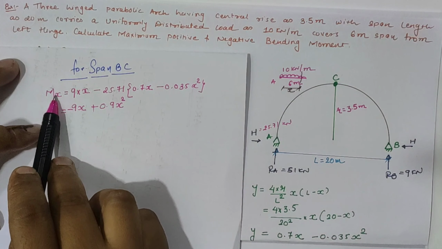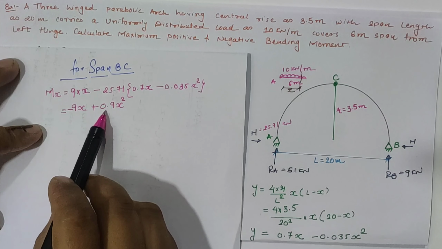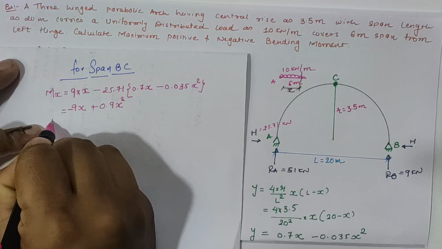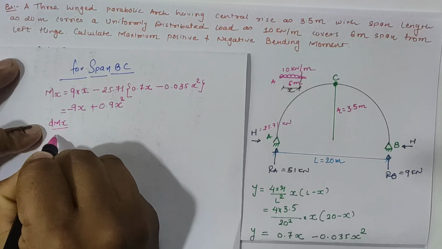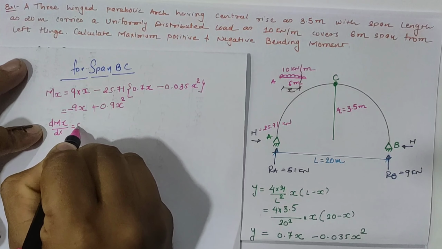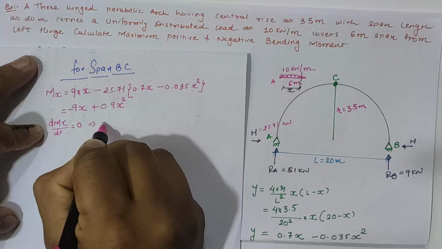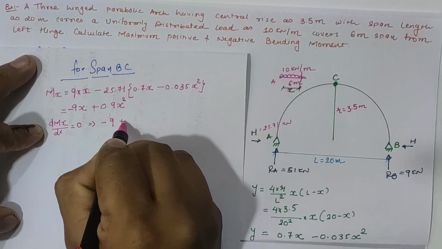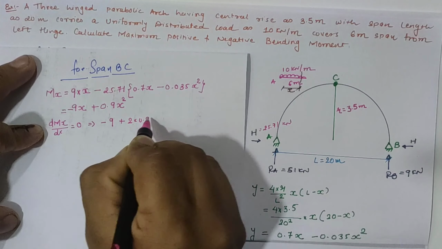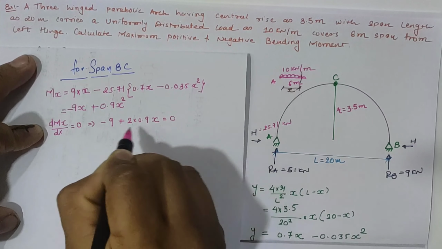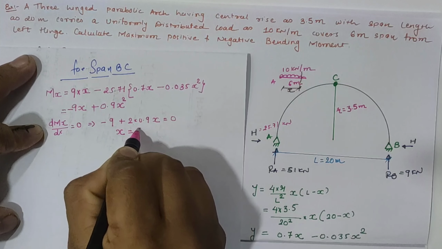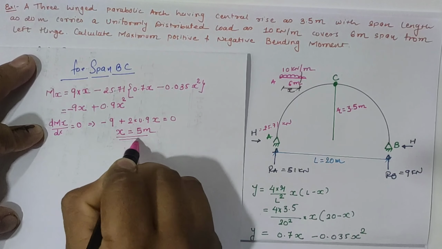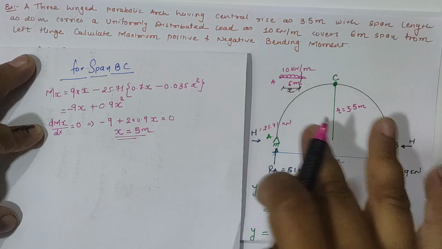The value for moment at x is equal to minus 9x plus 0.9x square, and for the maximum location we will have del Mx by del x equal to 0. Hence the value is minus 9 plus 2 times 0.9x, which must be equal to 0. Hence our x value is 5 meter, which is exactly at midspan of the section.